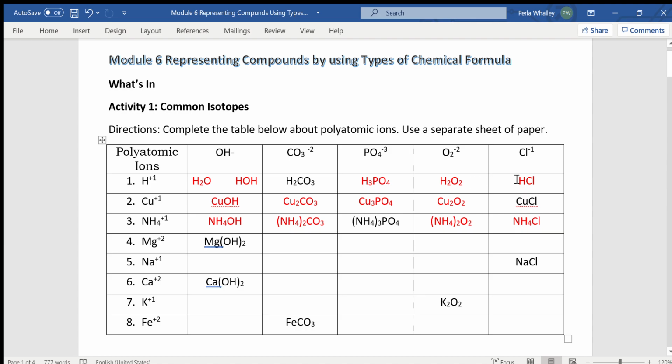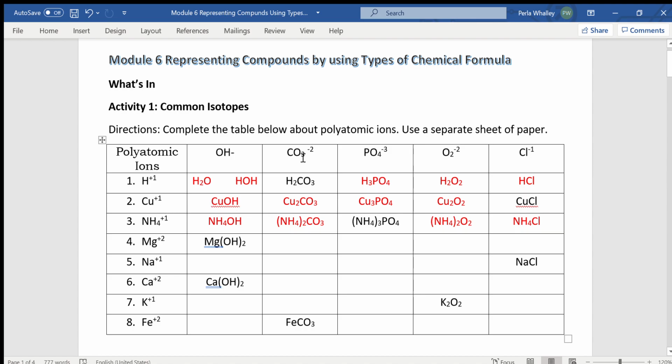The next is hydrogen ion and chloride ion. Both have the same oxidation numbers, so just copy: HCl, or hydrogen chloride. Remember, this is a review of the past video lesson, so I will not be very detailed about this, okay? So the next is copper. It is the same thing.